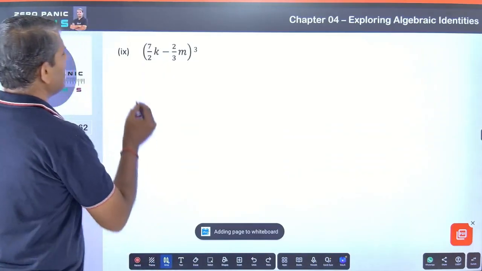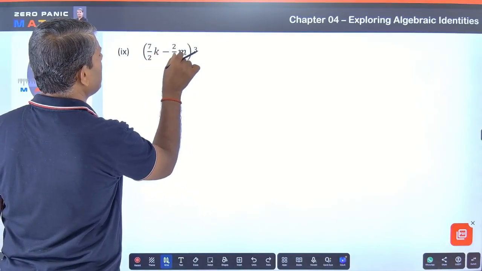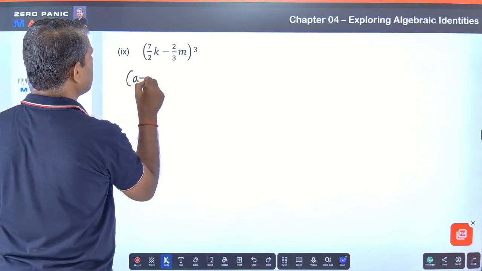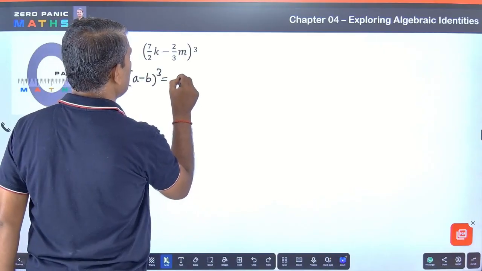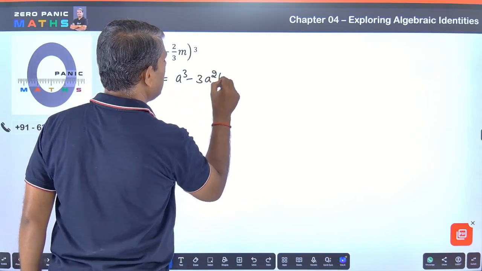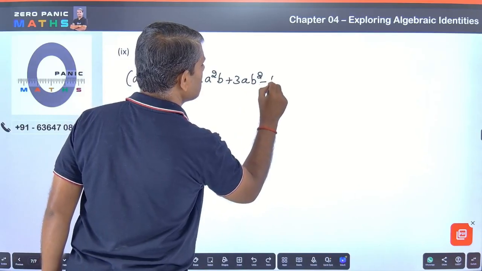So it is the ninth problem, 7 by 2k. Again, it is (a minus b) whole cube only. Let me write that formula once again, but you have to remember it. (a minus b) whole cube is equal to a cube minus 3a square b plus 3ab square minus b cube.